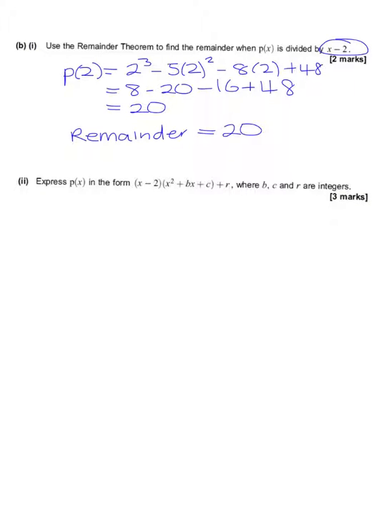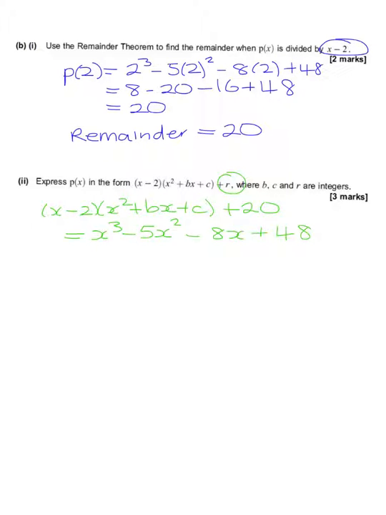We know that if we divide our polynomial by x minus 2, we get a remainder. That remainder is 20. So we will end up with x minus 2, x squared plus bx plus c plus 20, which is equal to our original polynomial.